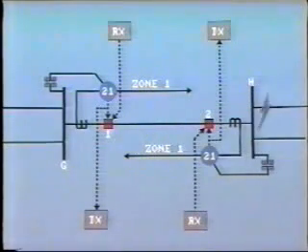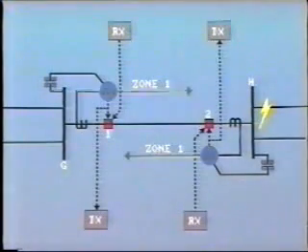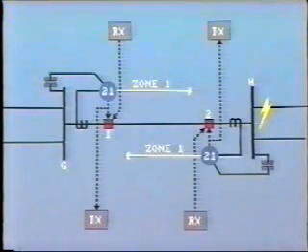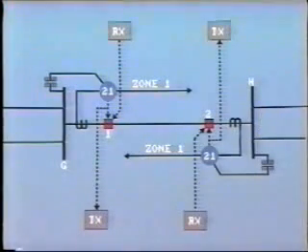If the fault is external to the line, we do not want the relays to operate. Therefore, directional relays must be used with the tripping direction looking into the line. So this provides selectivity. Now let's look at a fault in the last 20% of the line.